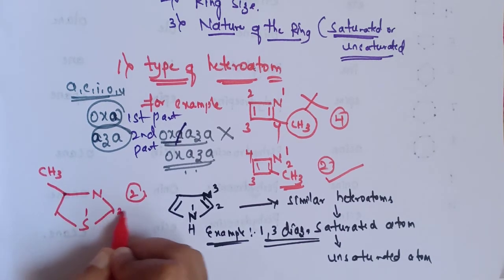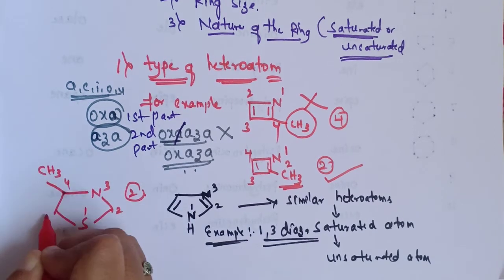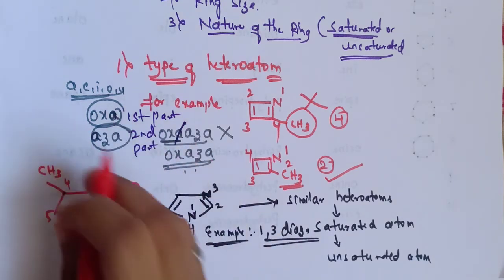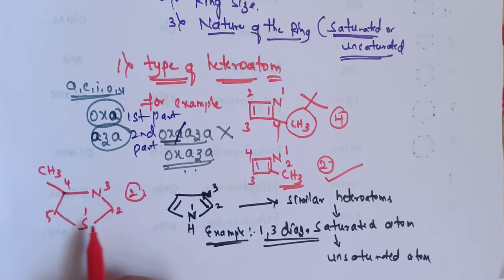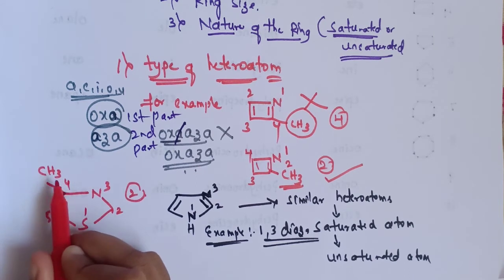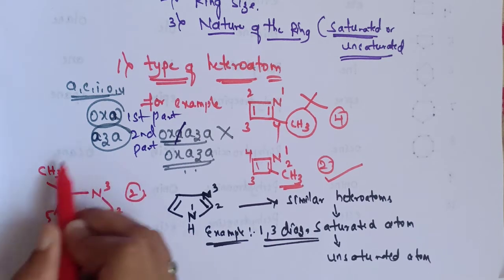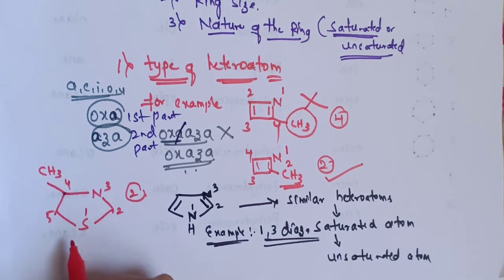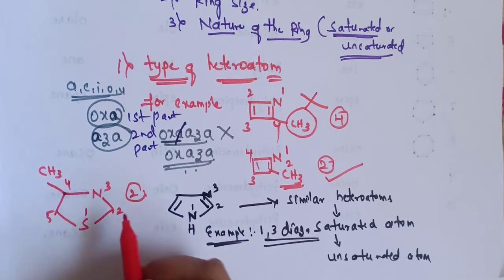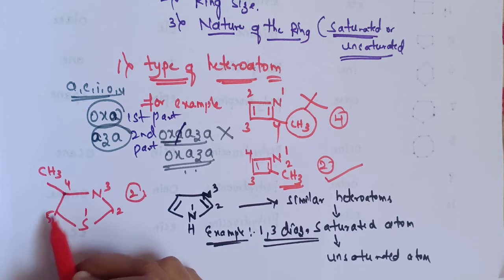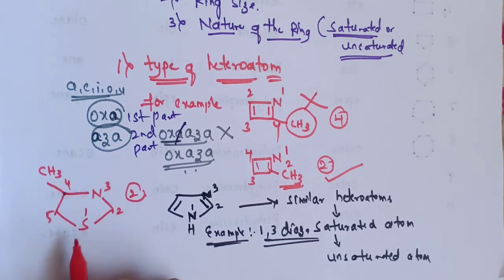So 1, 2, 3, 4, 5. The first priority is given to heteroatoms only, then comes the substituent. If we name like this, it is totally wrong, because the third position would be the numbering of the substituent. We should name it like this: this sulfur is given the first priority, here is the second priority, then third, fourth, 5. Okay, we are numbering like this.